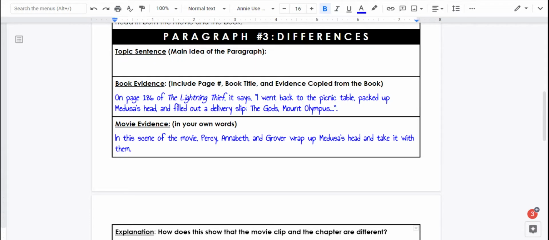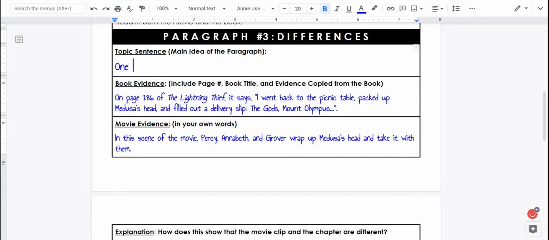We've got our book evidence, our movie evidence, and our explanation. Now we need to just put our topic sentence, our main idea of the paragraph, so that our reader knows what this paragraph is going to be about. So we need to make sure our reader knows that this paragraph is about how the book and movie are different, and that it's going to be something about Medusa's head that's different.